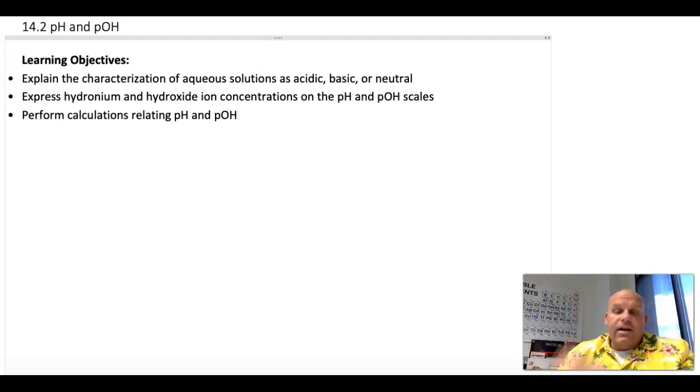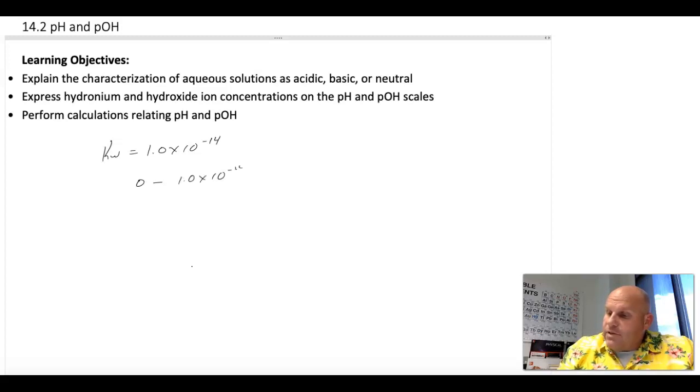If you've noticed, coming out of the first section and dealing with Kw and values that have scientific notation with these large negative exponents, those can get a bit cumbersome. So to make it a little easier, if you take the logarithm of values ranging from 0 to 1.0 times 10 to the negative 14th, you get values that range from 0 to 14.